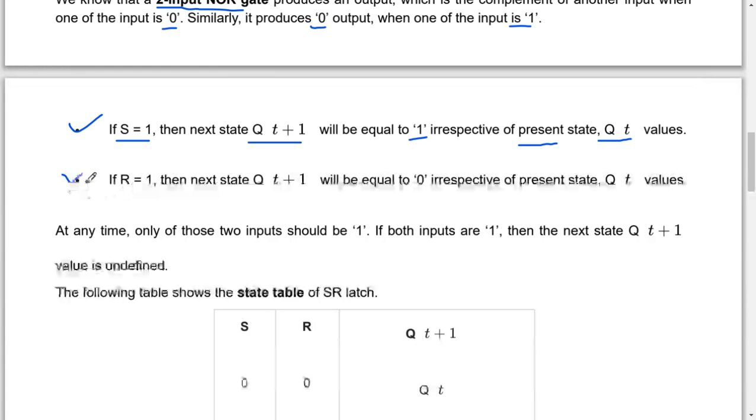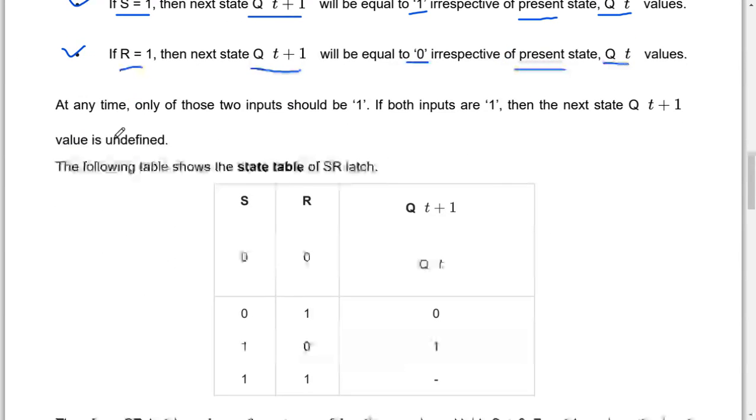If R equal to 1, then next state QT plus 1 will be equal to 0 irrespective of present state QT values. At any time, only one of those two inputs should be 1. If both inputs are 1, then the next state QT plus 1 value is undefined.